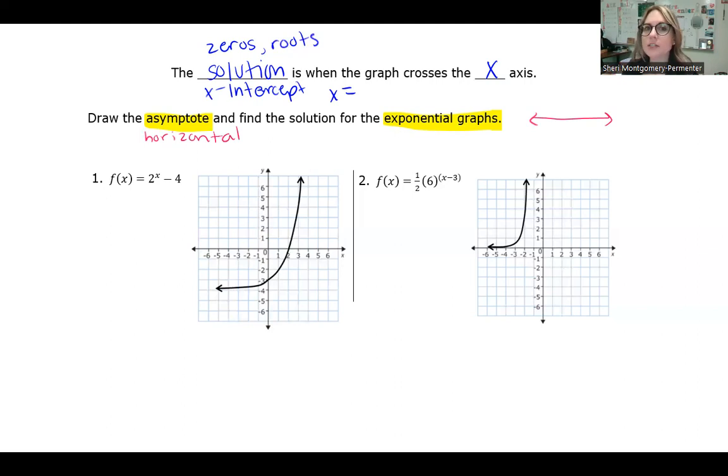So do you see the two graphs that are given? Imagine where those asymptotes would be. Do you see where the natural spot for them is? They're at different spots for both of them. So remember that an asymptote, your graph can't cross an asymptote.